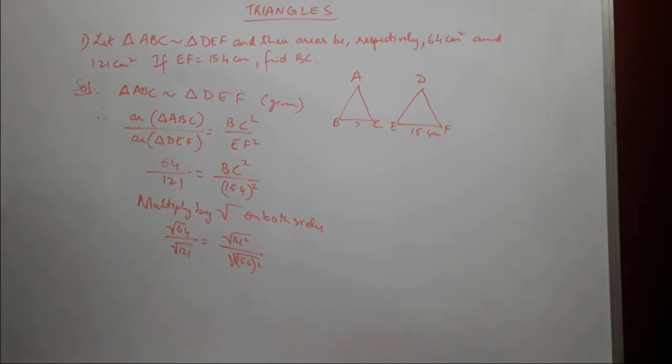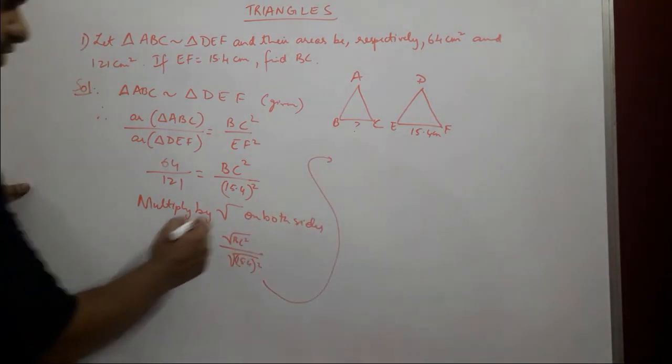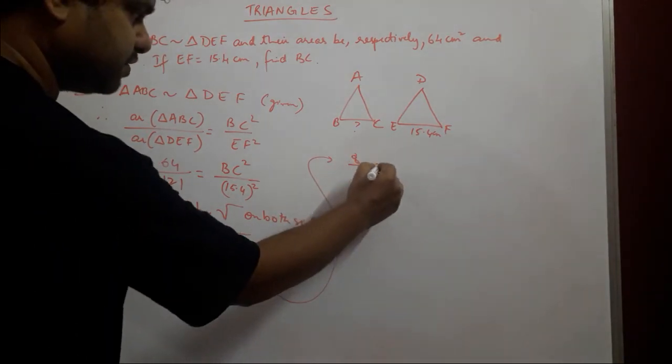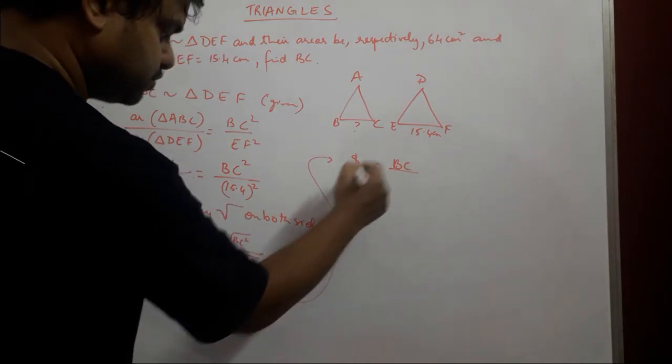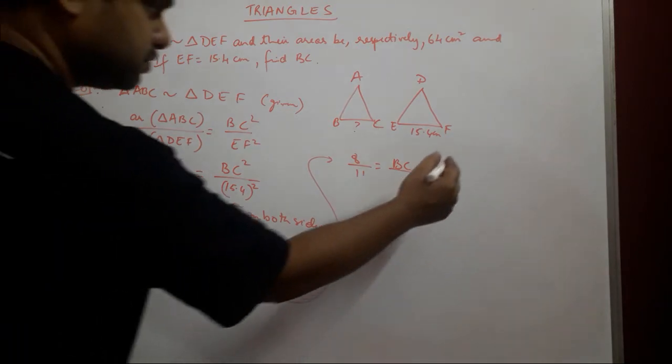Square root of 64 is 8, square root of 121 is 11, and square root of BC square will be BC, because the power of a square root is actually half, so that cancels.